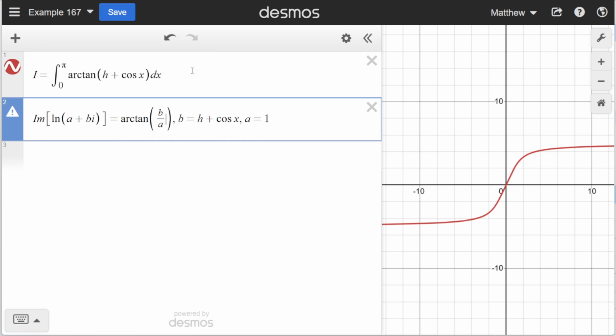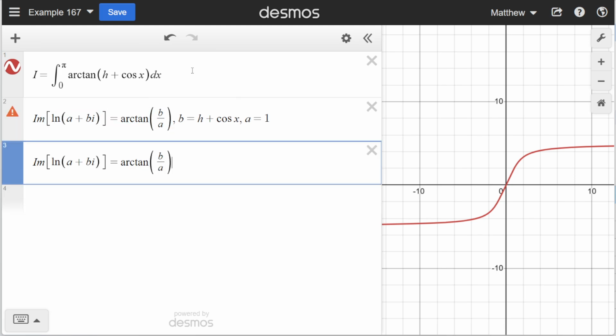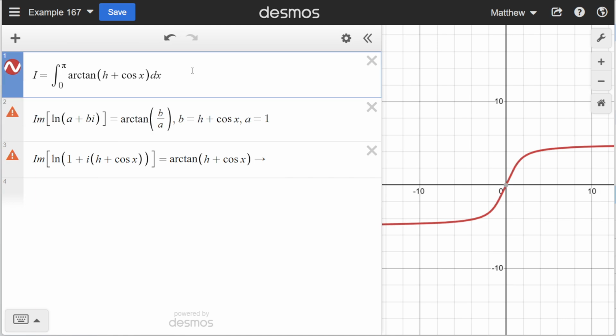This means that the imaginary part of, let's put in our a, that's 1, and then we'll put our b after the i, so that's the imaginary part of 1 plus i times h plus cosine x. We know that's true. Sorry, I forgot to plug in our b: it's h plus cosine x over 1, which is just h plus cosine x, and that's exactly what we have here.